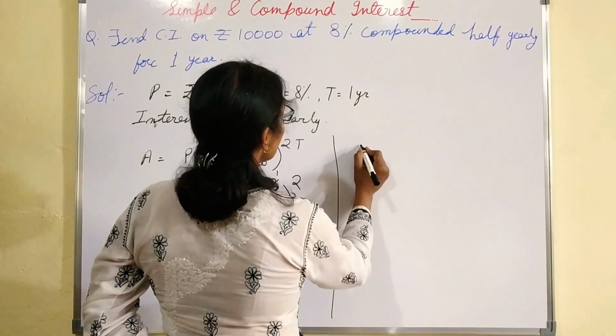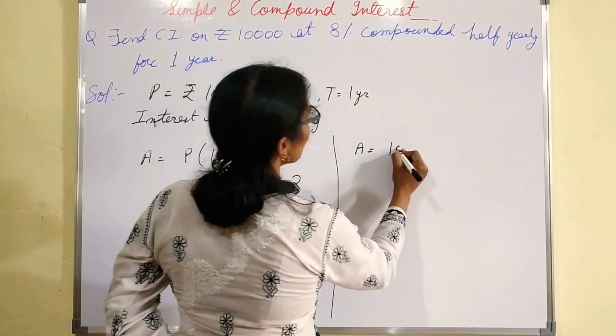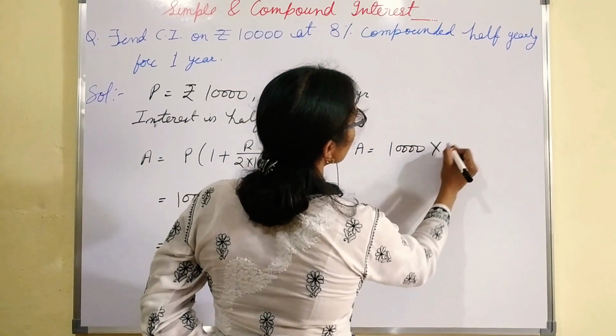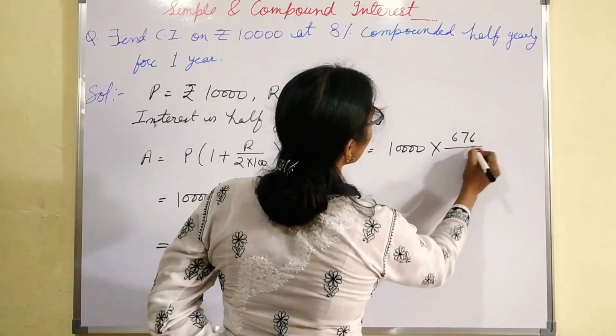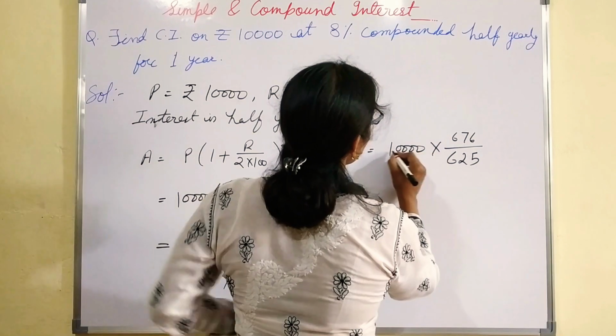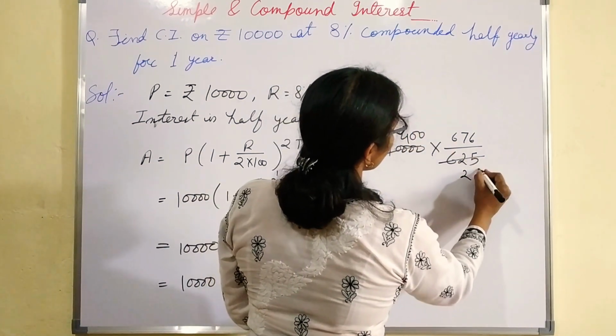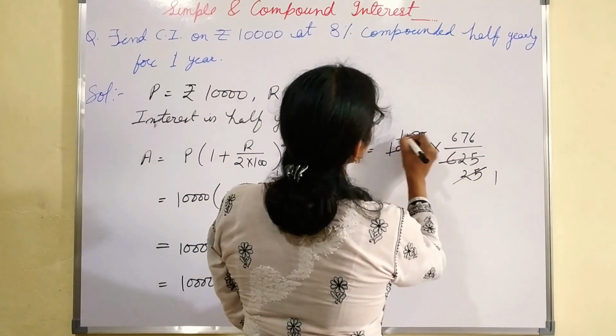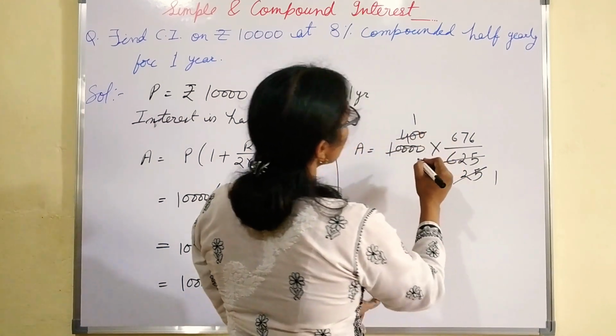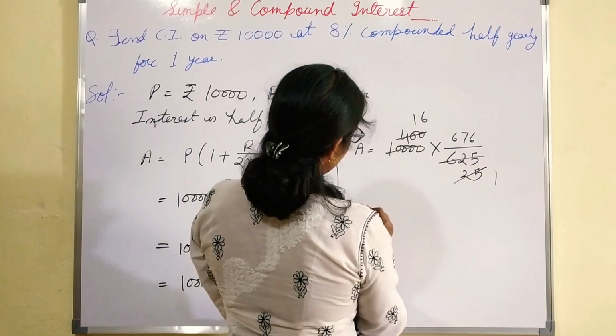So amount equals 10,000 into 676 upon 625.